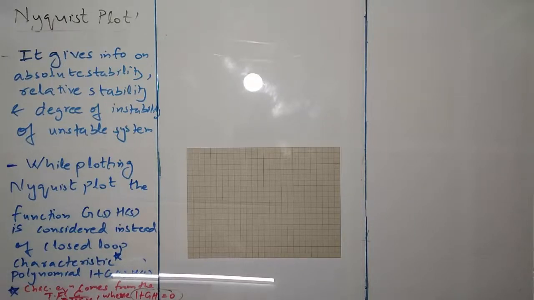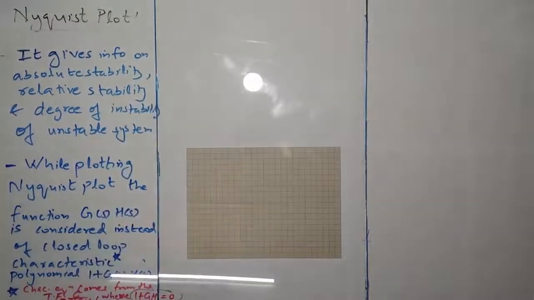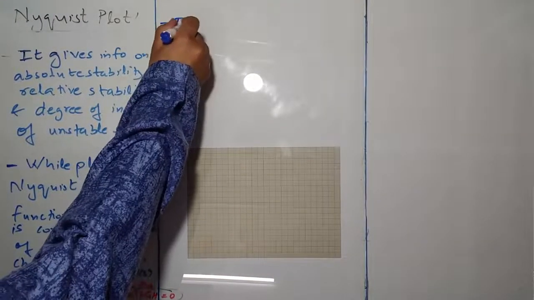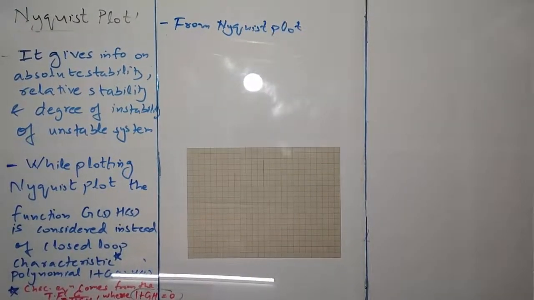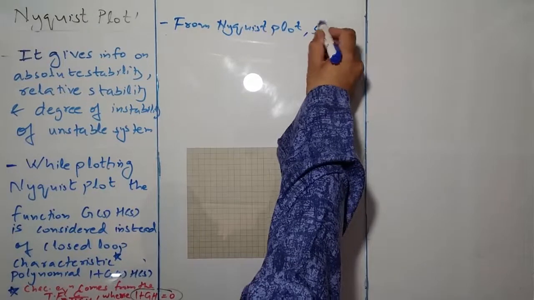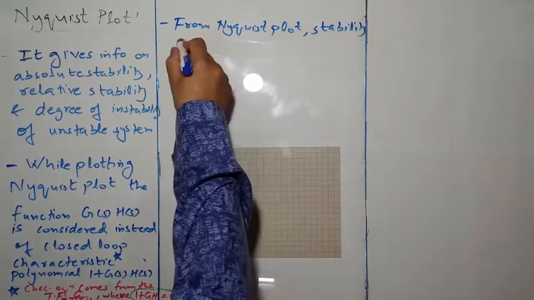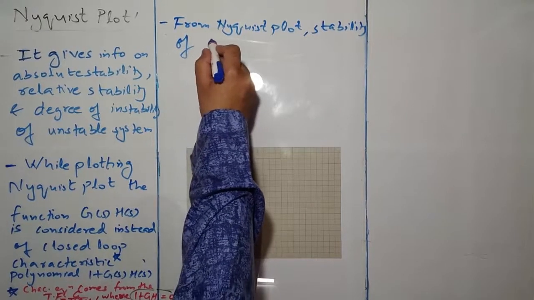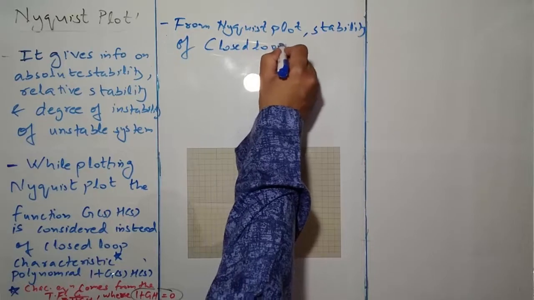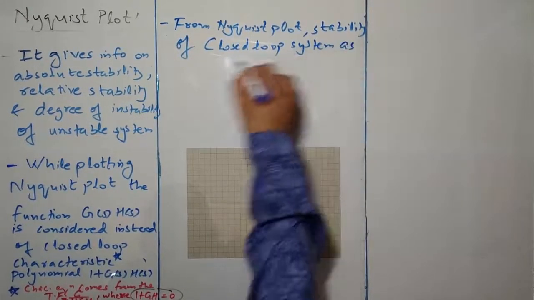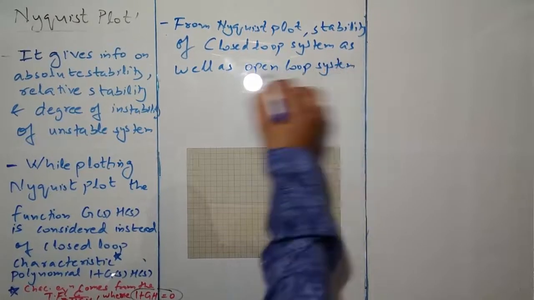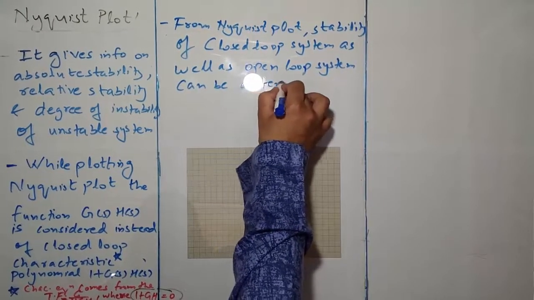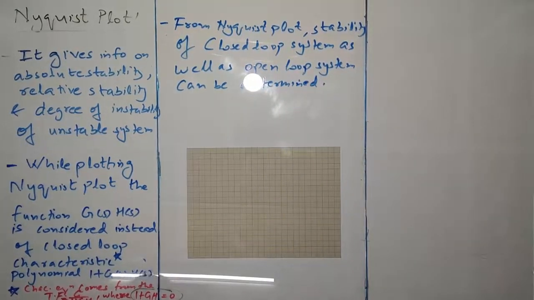So this is one more benefit of Nyquist plot, that if you draw Nyquist plot, from it the stability of the closed loop system as well as the open loop system can be determined.